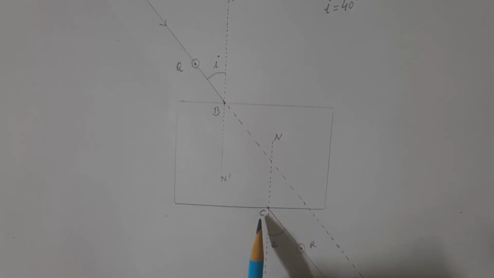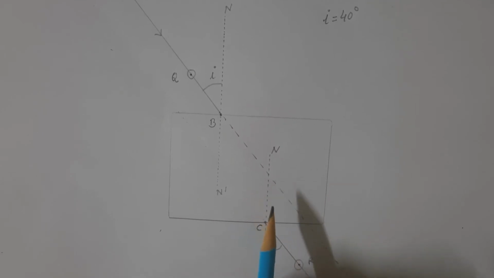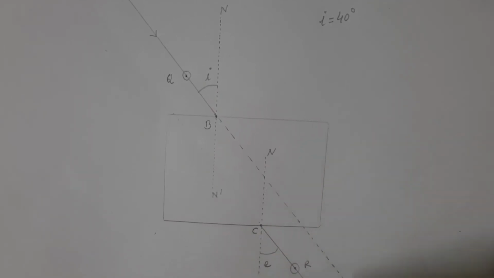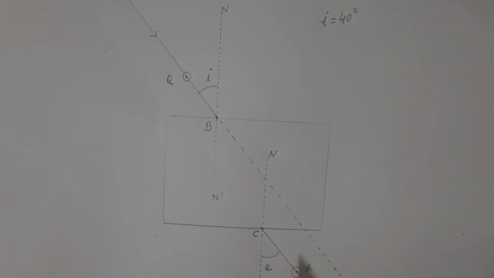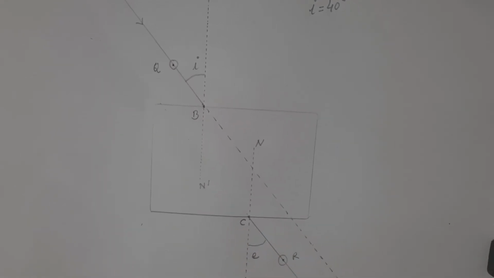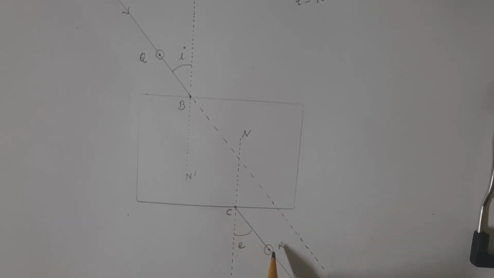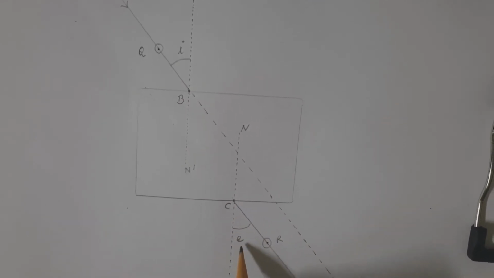Now this is point C, where the light ray emerges out of the glass slab. Again I have drawn here the normal and N dash, and the emergent ray, this is C, D. Then the angle between the normal and emergent ray will be the angle of emergence.